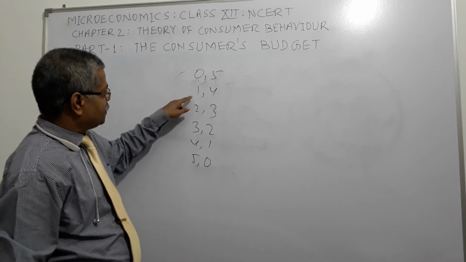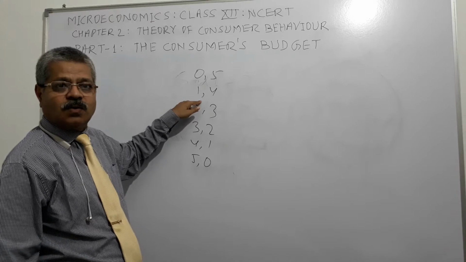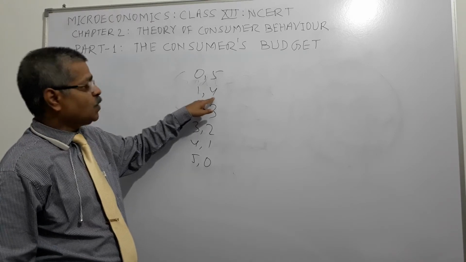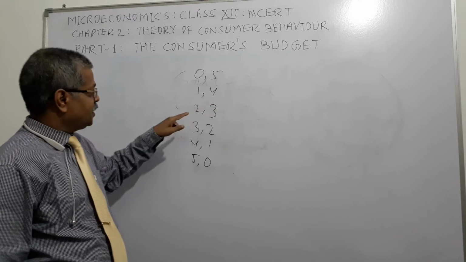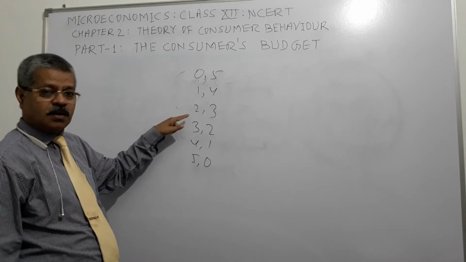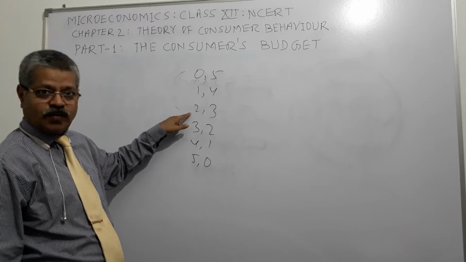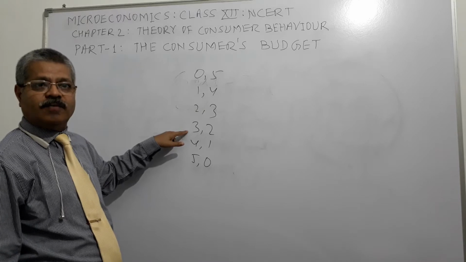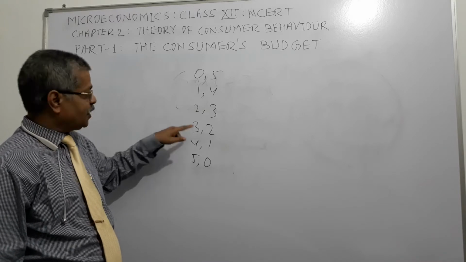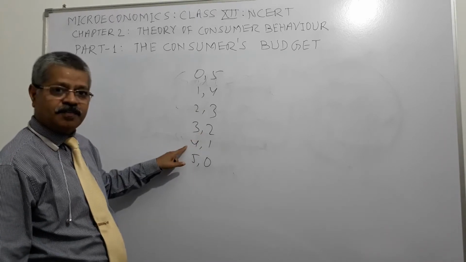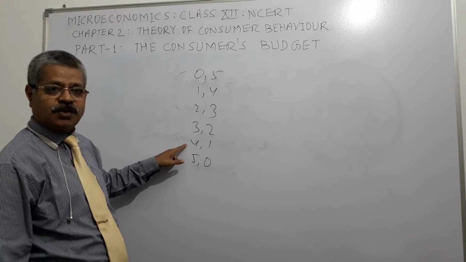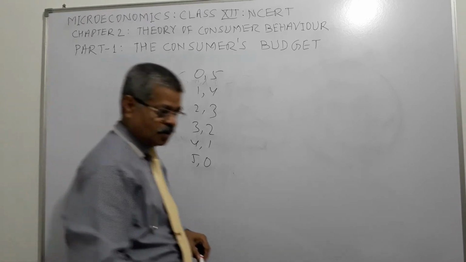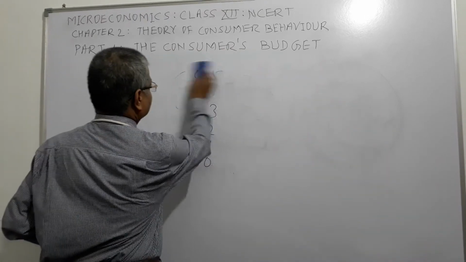In bundle 1, 4, I will buy 1 unit of good 1 and 4 units of good 2. In 2, 3, I will buy 2 units of good 1 and 3 units of good 2. In 3, 2, 3 units of good 1 and 2 units of good 2. Similarly, in 4, 1, 4 units of good 1 and 1 unit of good 2. So I need to choose a particular bundle.